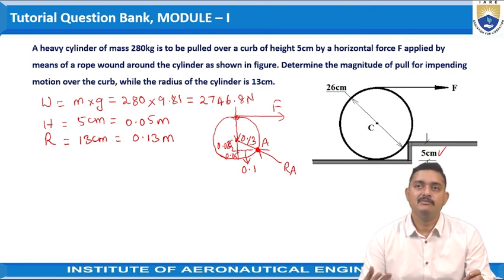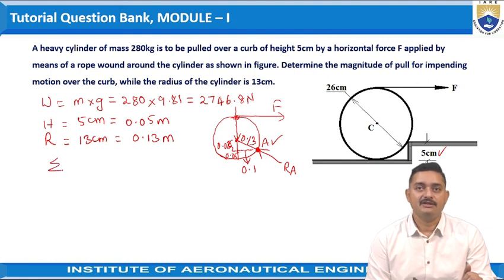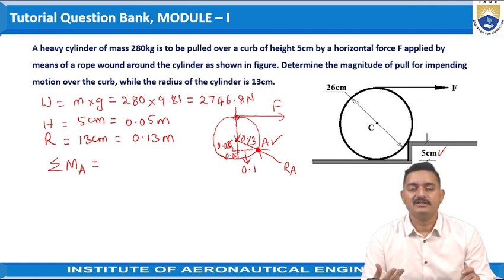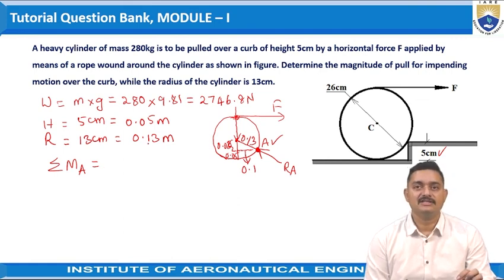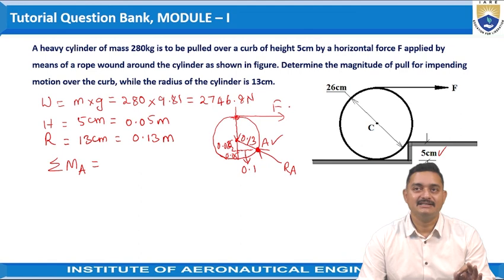Now let us take the moment of this total system with respect to point A. With respect to point A, let us take the sum of the moments equal to 0. That is the equilibrium condition, where the sum of all the moments is equal to 0. The forces acting here are force F as one force and the weight as another force.